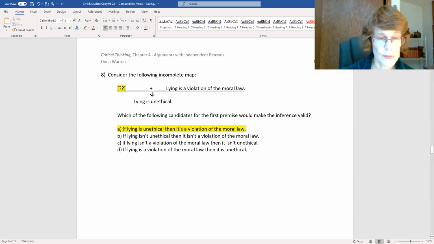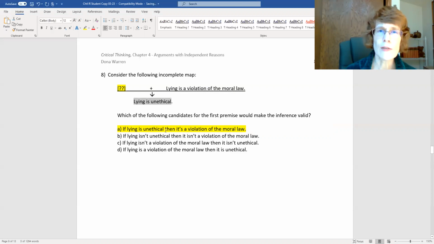Well, let's check. We'll start with the if-then, as always, and that will tell us what the front part is and what the back part is. And then we will compare that to the other reason, right? So if lying is unethical, then it's a violation of the moral law. Lying is a violation of the moral law, so lying is unethical.